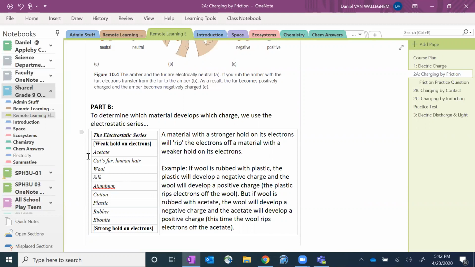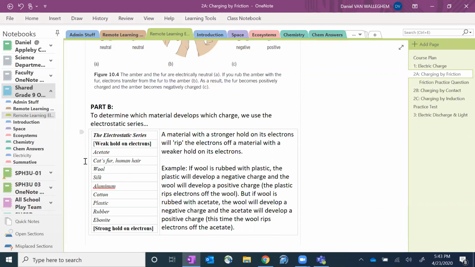If I were to take the cat's fur and rub it on acetate, which is a type of plastic, it's actually the reverse now. We see that cat's fur is lower down, has a stronger hold on its electrons compared to acetate. So the cat's fur would rip electrons off of the acetate.